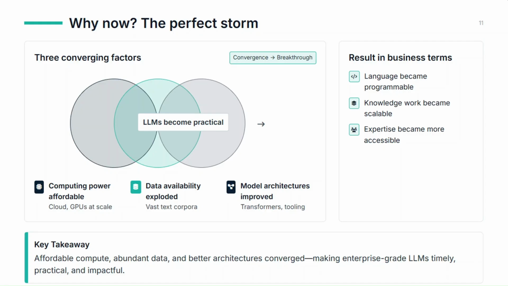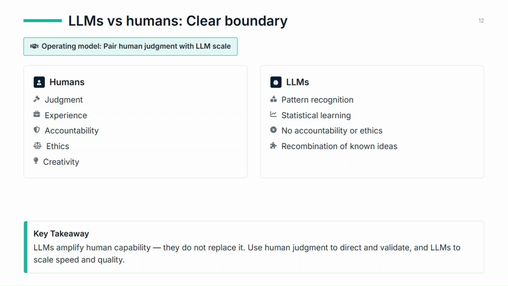Language became programmable, knowledge work became scalable, expertise became more accessible. Now, let's clear up the boundary between LLMs and humans. Humans bring judgment, ethics, accountability, and experience. LLMs bring speed, scale, and pattern recognition. The winning strategy is not replacement, it is partnership. Pair human judgment with machine scale.